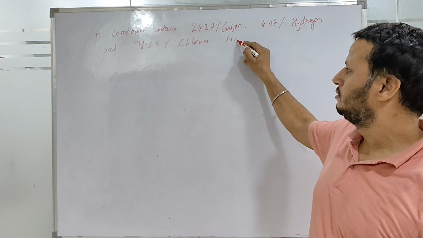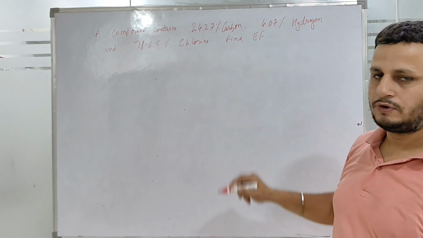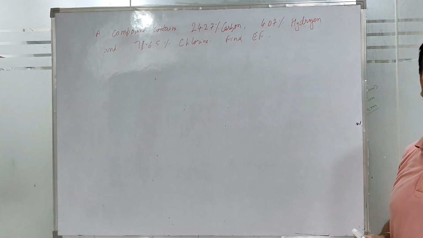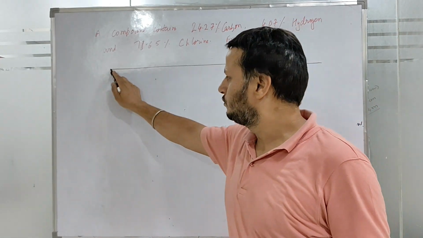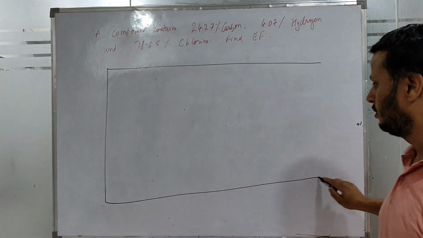Then find empirical formula. So to do the numericals of empirical formula, we have to draw a table.